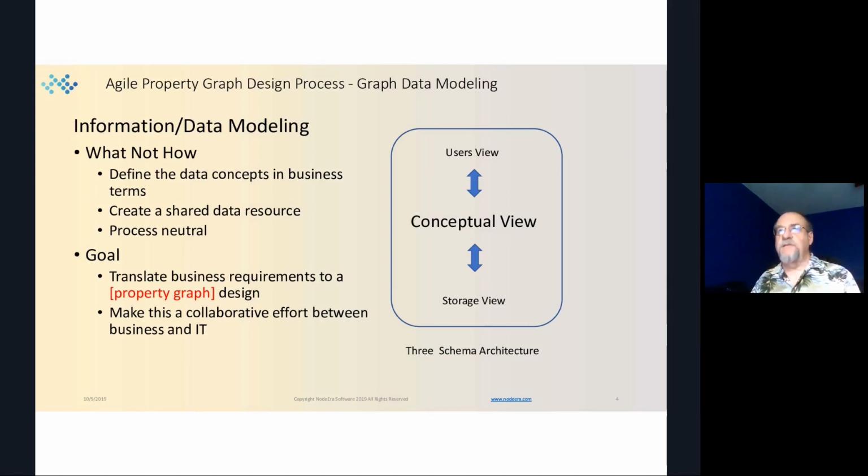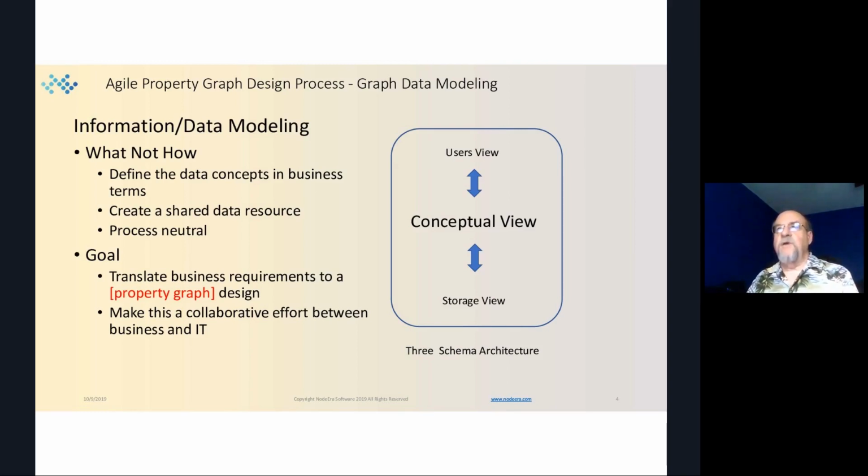Obviously, there's different reports. They want to see data on the screen differently, reports, visualizations. Now, of course, which is new and important. And each one of those user views really represents a specific slice through the overall network of data.